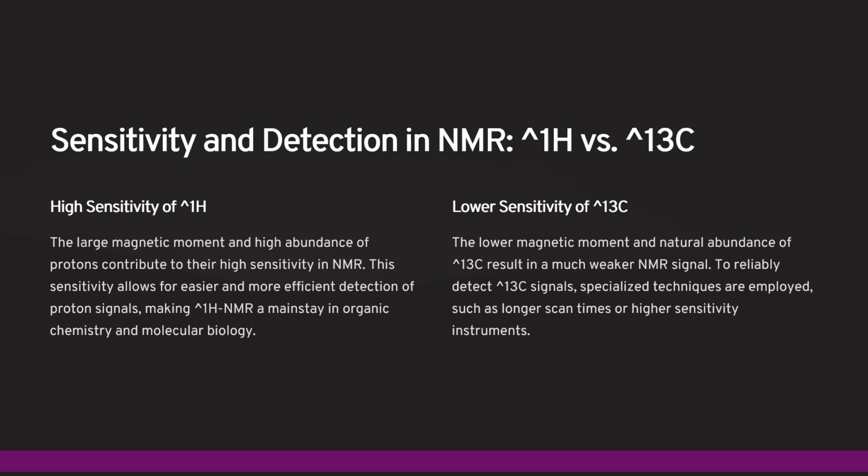To reliably detect carbon-13 signals, more specialized techniques are often used. These can include longer scan times or more sensitive instruments to improve signal detection. So, while proton NMR is quick and efficient, carbon-13 NMR often requires more careful optimization to ensure reliable results.